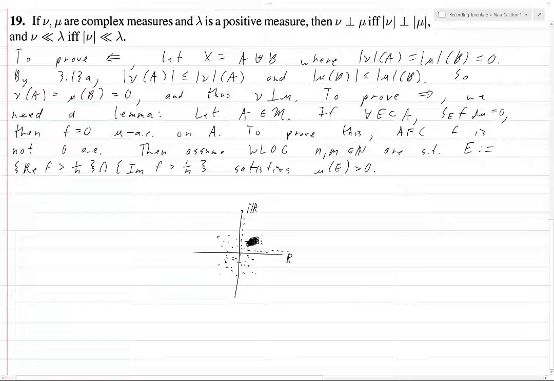Because if we weren't able to do that for some slice, then the measure of the set intersected with this region would be 0, which would go against the choice of this quadrant. So we just choose another quadrant. So basically we're just assuming without loss of generality that we've got real and imaginary parts positive because, I guess the first quadrant is nicer. But one of these quadrants has to contain a portion of the set which has positive measure.